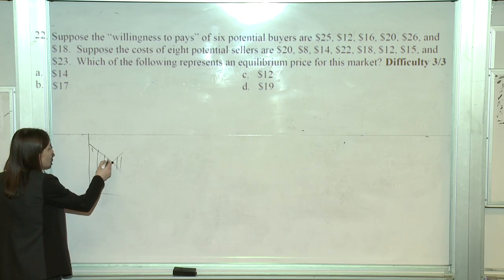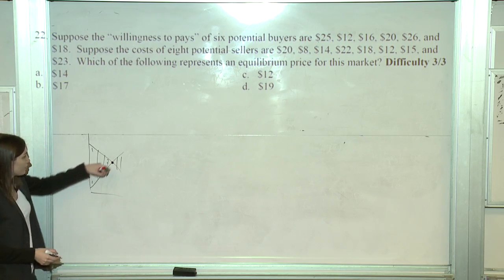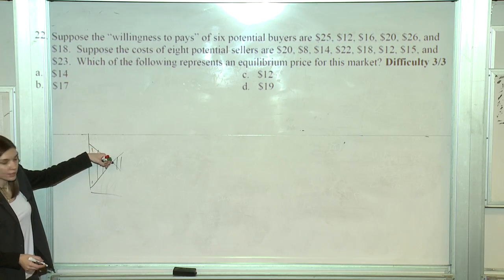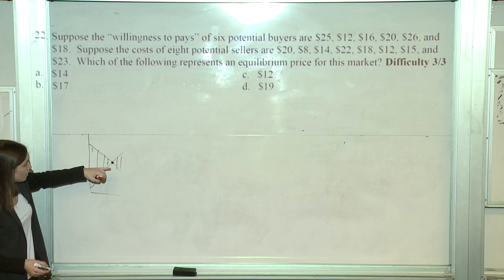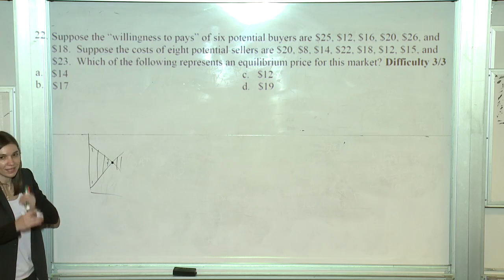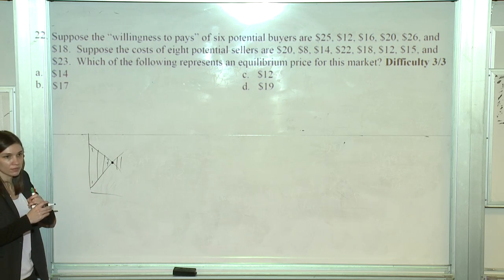So basically, if the curves are continuous, they're going to be exactly equal, right? The willingness to pay and the cost of sellers.